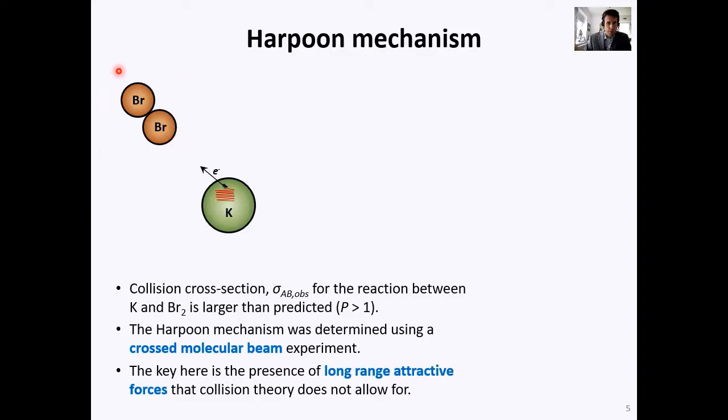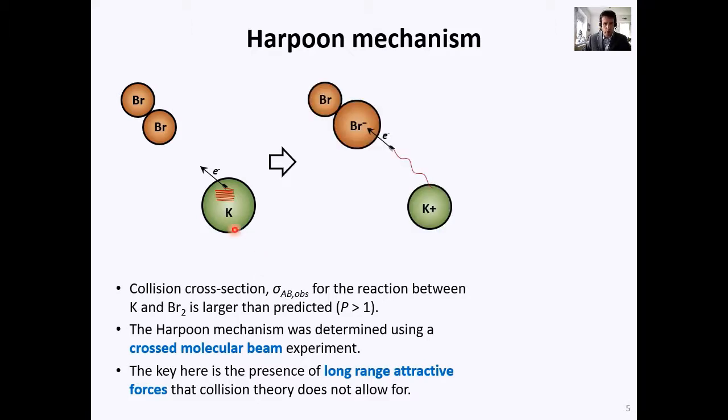Bromine really wants to pick up an electron, potassium really wants to give it away, and so what happens is potassium will essentially harpoon the bromine molecule, and that's where this word harpoon comes from. And so an electron jumps from the potassium atom towards the bromine, leading to the creation of 2 charged species, and these charged species will then attract one another.